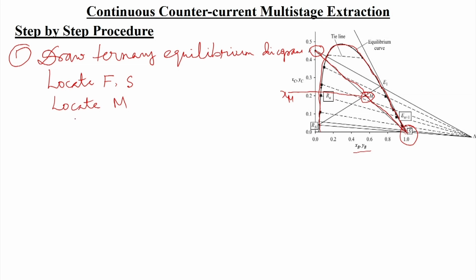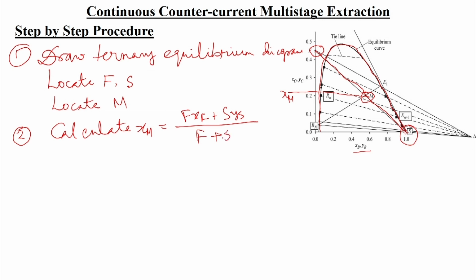So, now the second step will be like this, we need to calculate x m from this component balance: x m equals F x f plus S y s by F plus S. If we know all these, because this x f and y s are already given in the problem, that is the feed, the solute concentration in the feed and the solvent flow rate, and then we can say this one total amount of feed plus solvent. So, we will be getting now this x m.